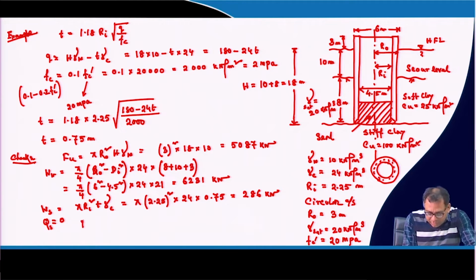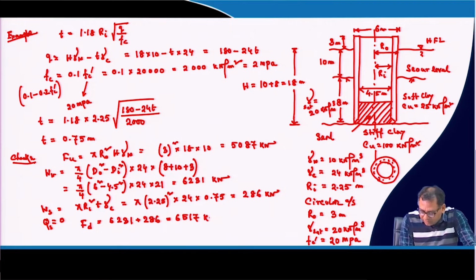So, that means the total downward force Fd will be 6231 plus 286. So, that is 6517 kilonewton, which is greater than 5087 kilonewton.